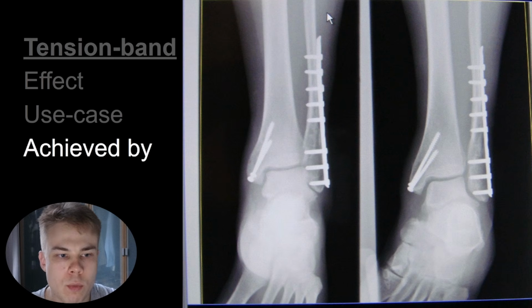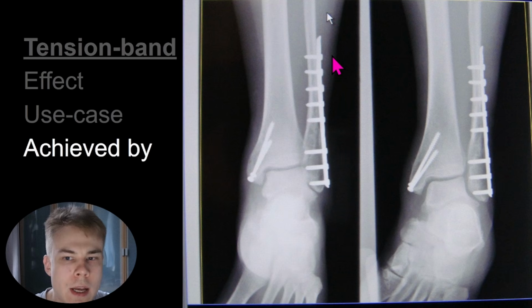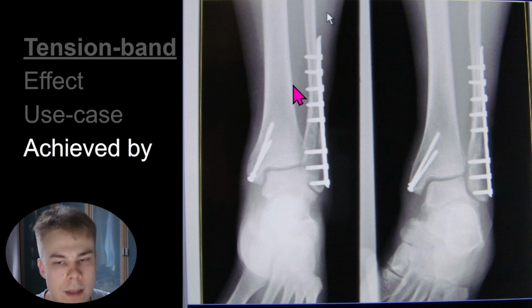The way that it's achieved is you basically just put a plate on the tension side of the bone. You just need to know which side of the bone is the tension side, put the plate there, and you don't put it in compression mode. And that's how you make a tension band plate.